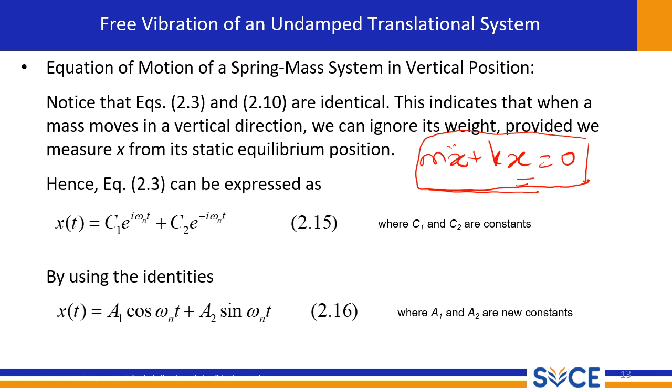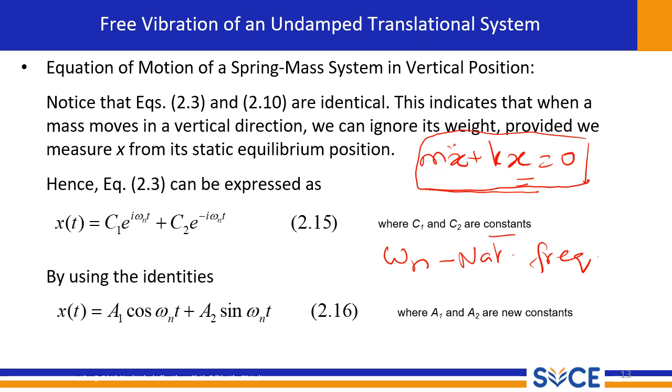The solution for this equation is given here in complex exponentials. Here omega n represents the natural frequency of the system. C1 and C2 are constants that we will determine based on initial conditions, typically the initial displacement and velocity of the mass.